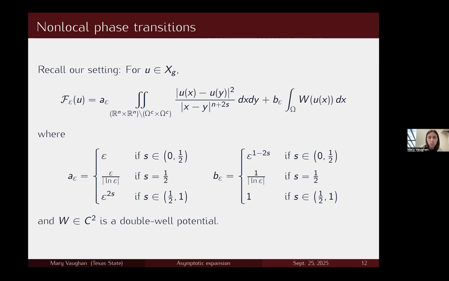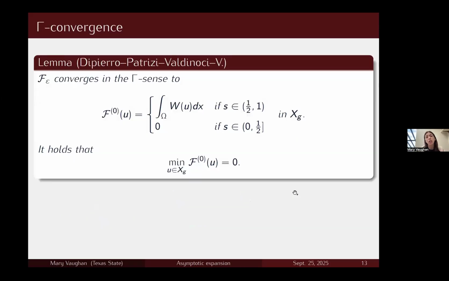So we started with the 0th order term, and if you just look at the coefficients, A epsilon converges to 0 as epsilon goes to 0, and B epsilon converges to 0 if s is less than or equal to a half, and it's just equal to 1 if s is bigger than a half. So what you expect is just the potential to survive in the case when s is bigger than a half, and that's exactly what we show.